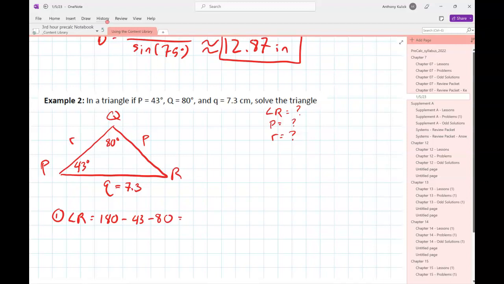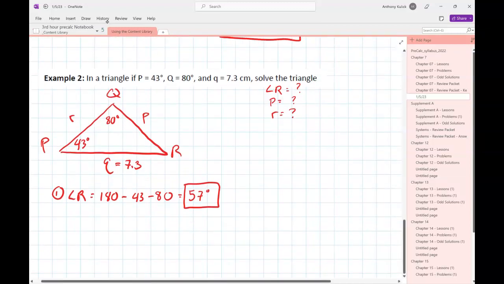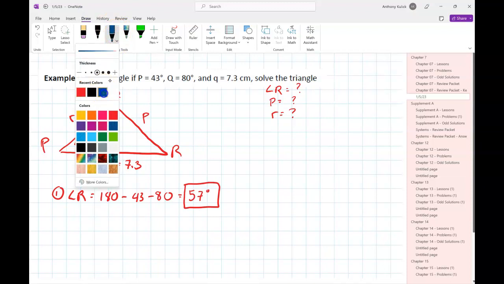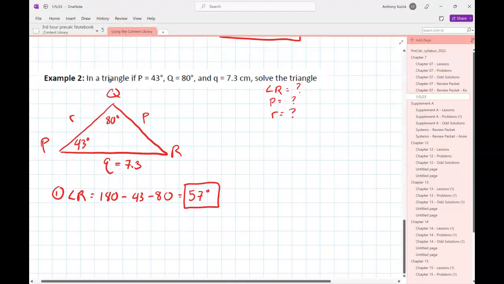So 180 minus 123 is 57. Okay. So I'll go ahead and draw that in to my picture.